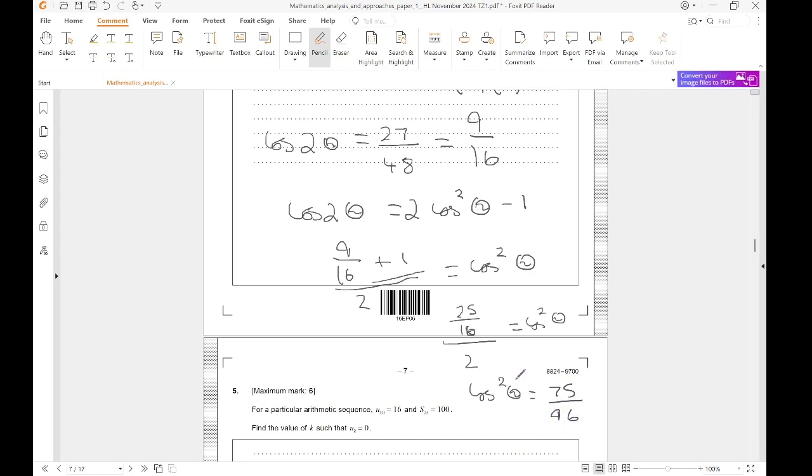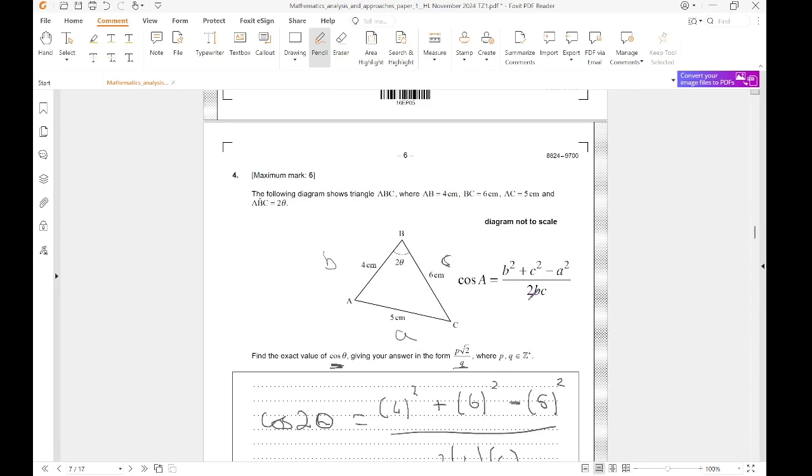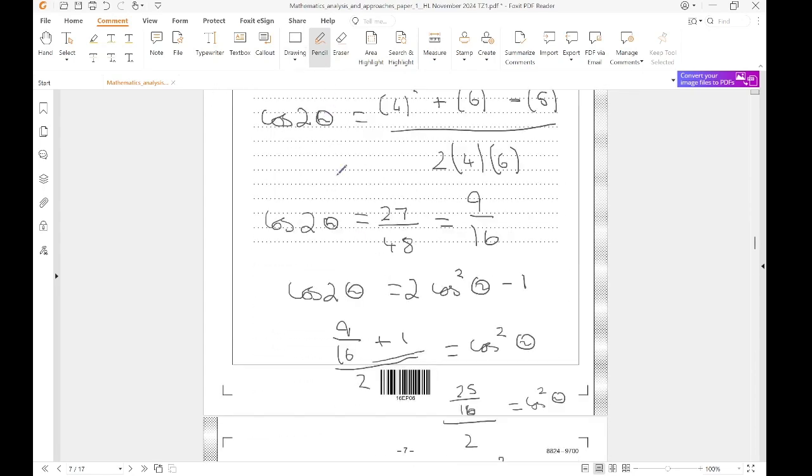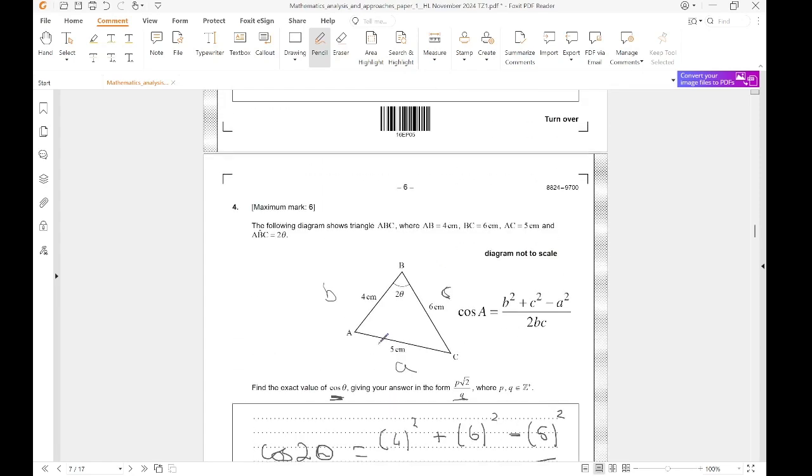And then you square root it. Oh man, I'm running out of space here. Let's come up here. So cosine squared theta is equal to 75 over 96. And then you square root, so cos theta is equal to the square root of the entire thing. And then you simplify this. When you try to simplify this, it can simplify into 25 over 32.